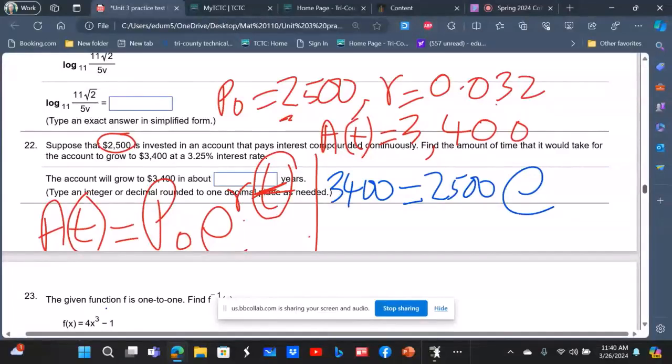The investment rate is 3.25%, so I need to put it as 0.0325. This is not a decay. It is not an exponential decay because the exponent of e is positive.